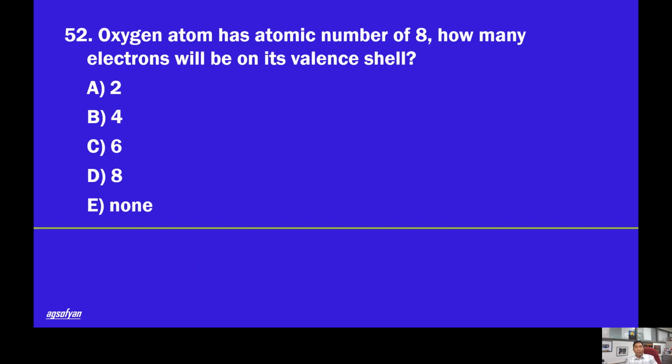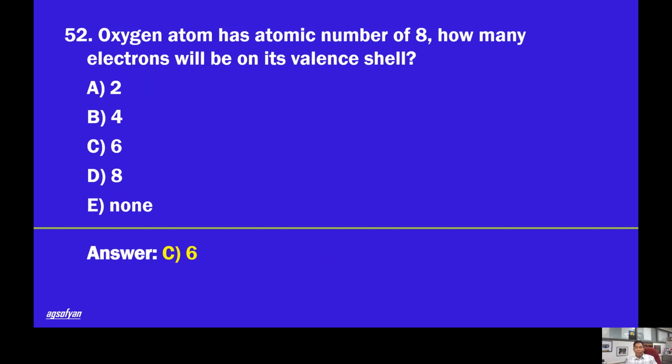52. Oxygen atom has atomic number of 8. How many electrons will be on its valence shell? A, 2, B, 4, C, 6, D, 8, E, none. Choose your answer. Yes, the answer should be 6.